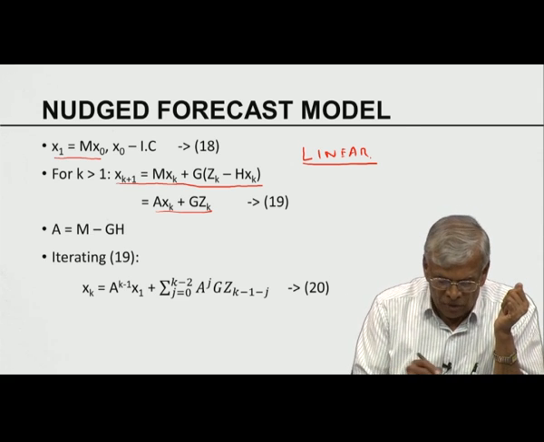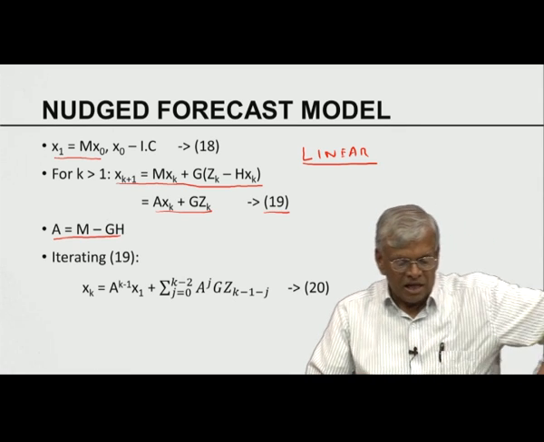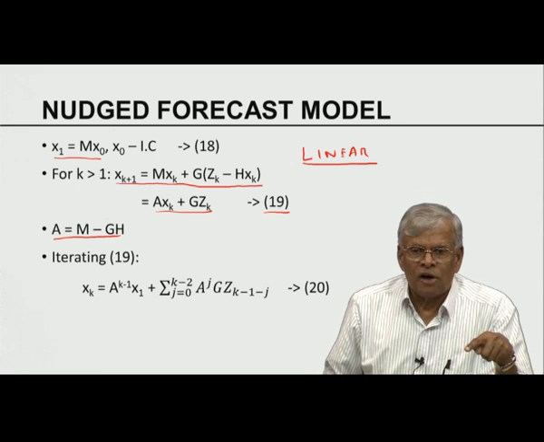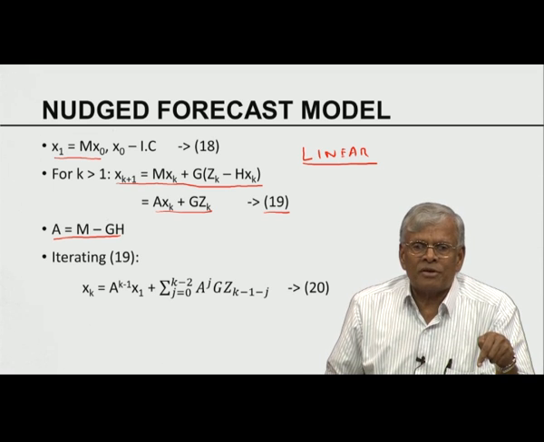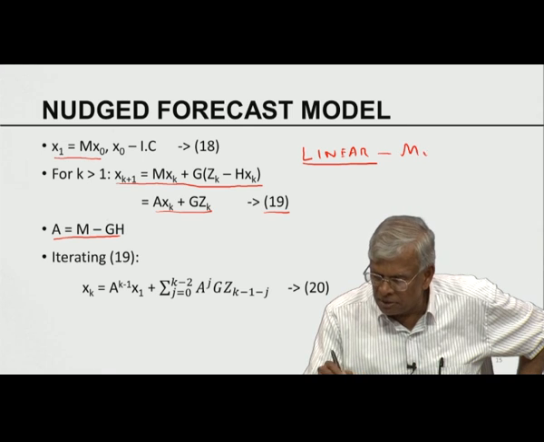So my nudged model becomes 19, where the matrix A is equal to m minus gh. G is the gain to be determined, h is the forward operator, m is the one step transition matrix for the linear model. So I am assuming the model is linear, and the observations are also linear functions of the state.